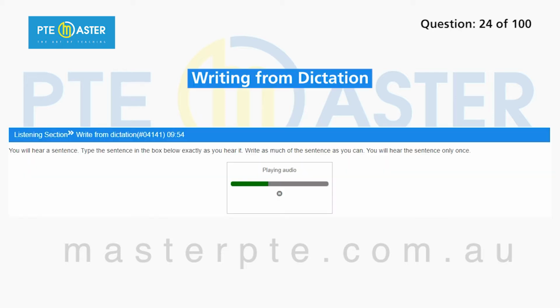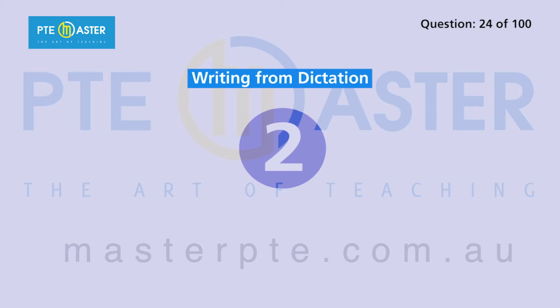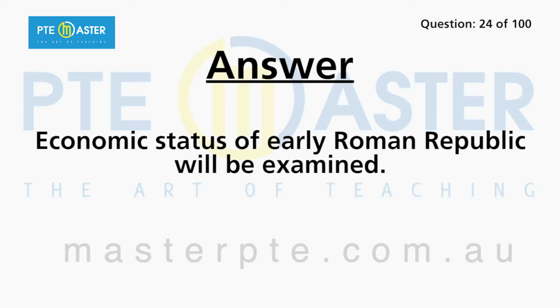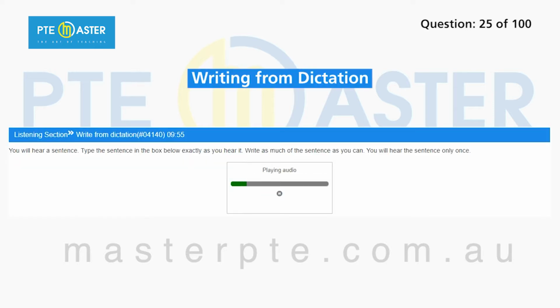Economic status of early Roman Republic will be examined. Experts of the financial department will give the guests a lecture.